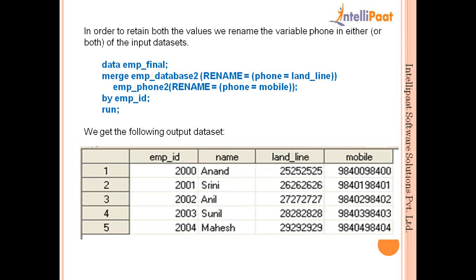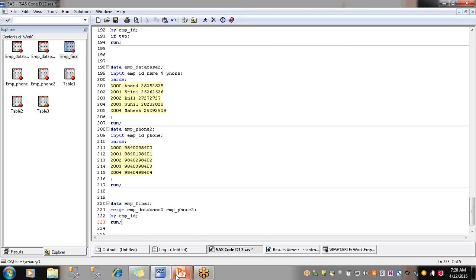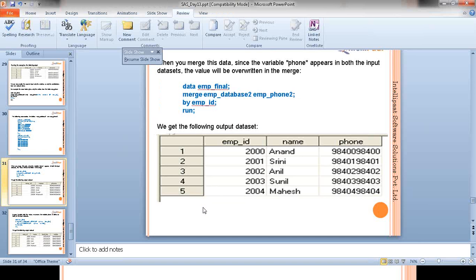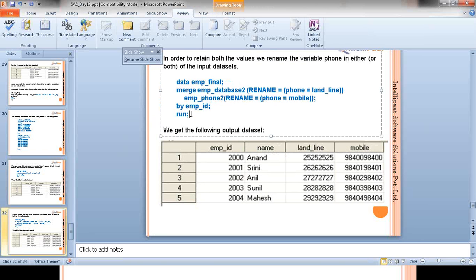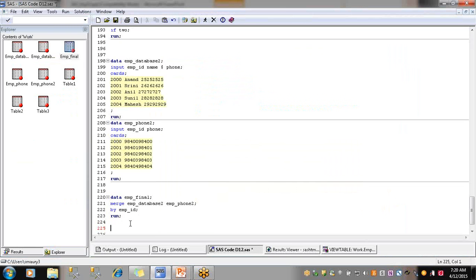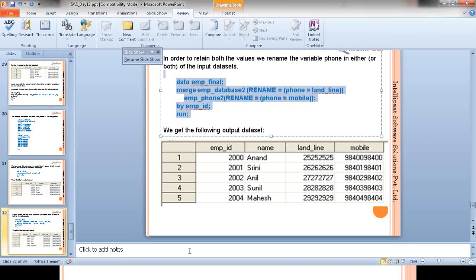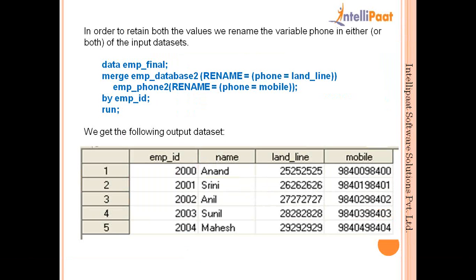If you want to see it twice, what you can do is rename one instance, otherwise it would be overwritten by the other instance. So in order to retain both the values, we rename the variable phone to either or both.